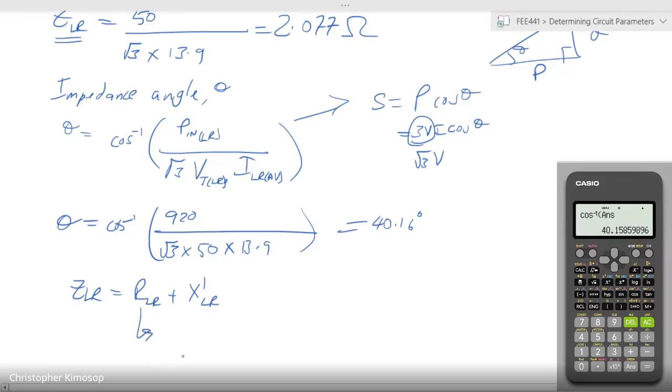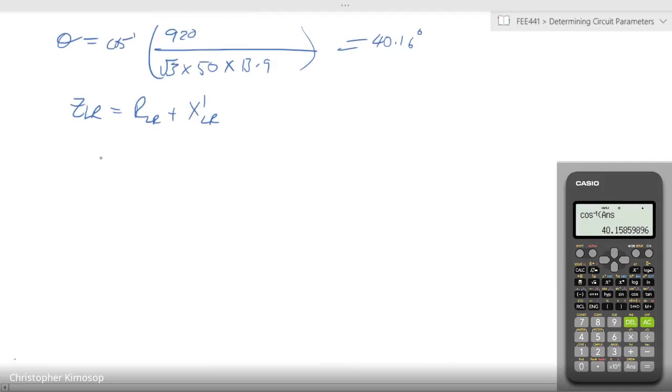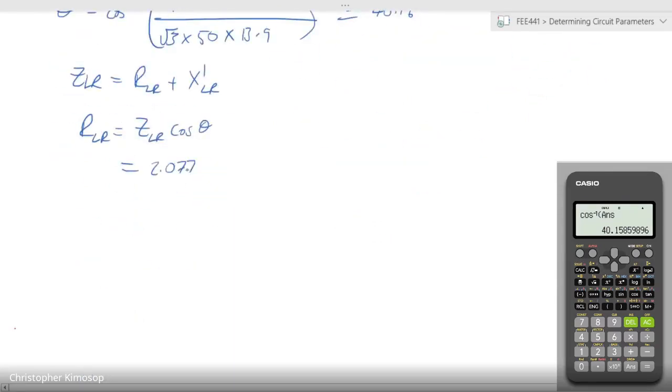So now RLR here is given by 2.077 cos theta, which was cos 40.16. So this gives us 1.587.